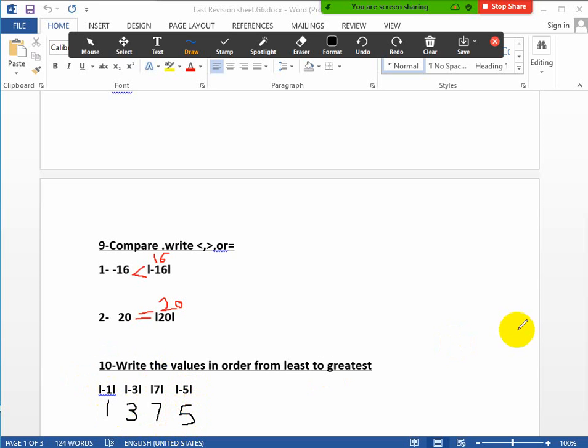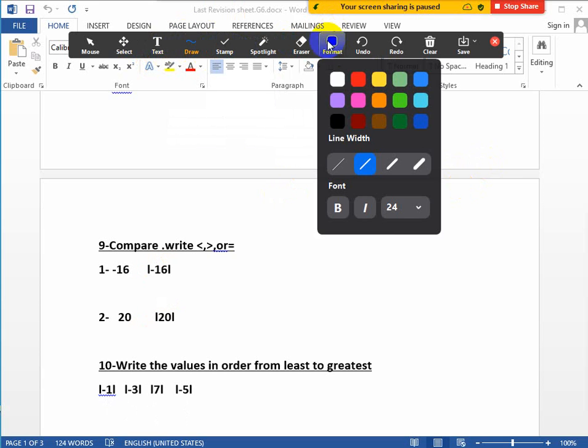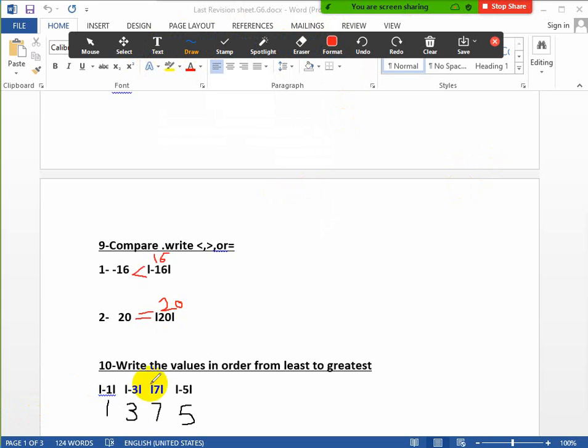Okay? If I want to order those numbers from the least to the greatest, who didn't answer, girls? Raise your hands, please. Lina, you answered? Okay. So answer with me the last one. Negative 1, negative 3, 7. I have here to order from the least to greatest.